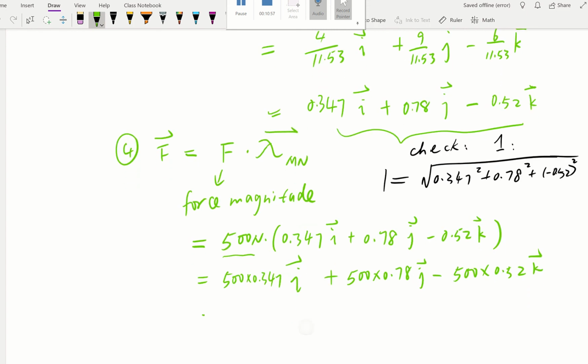Putting them together, the i term, 500 times 0.347, gives 173.5. The j term, 500 times 0.78, gives 390. The last term, 500 times 0.52, is equal to negative 260k.